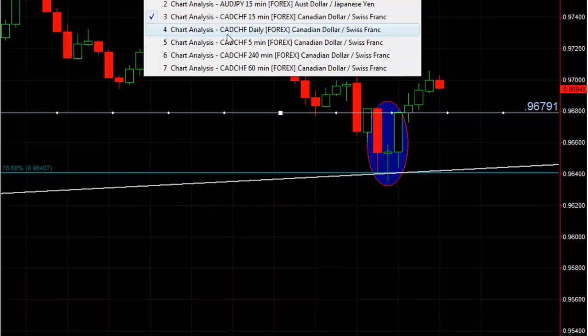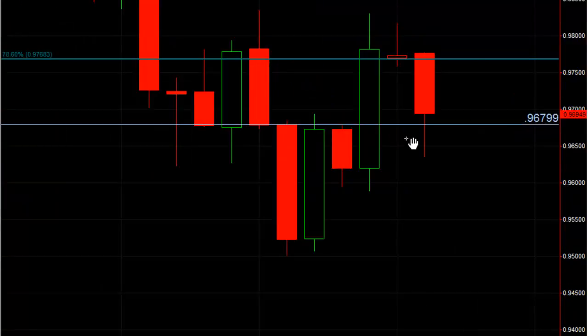On the daily chart, we look at the same price level but of a different historical price and a historical candlestick formation. So 0.9680 becomes a very important level.